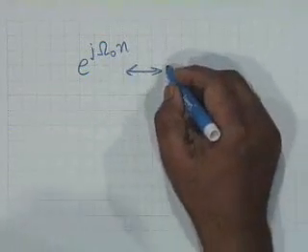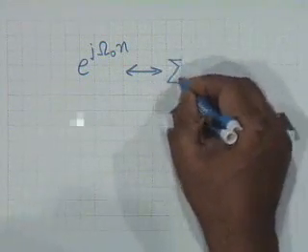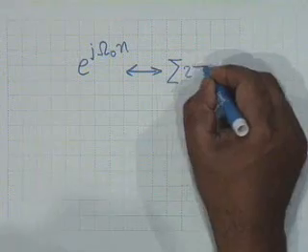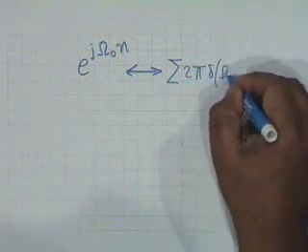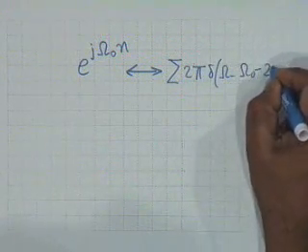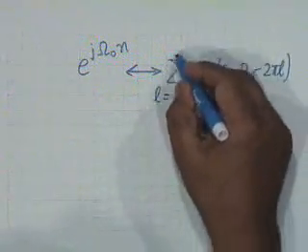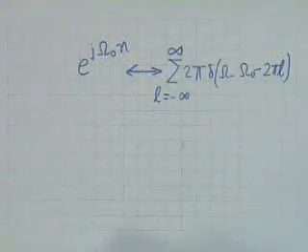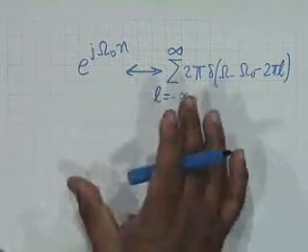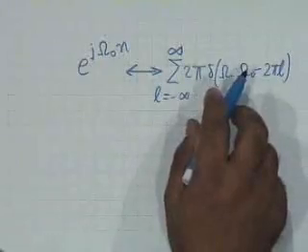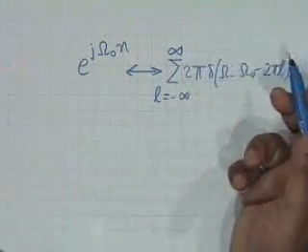Well, the Fourier transform, if I write it down, it is twice pi delta of omega minus omega 0 minus 2 pi L, where L goes from minus infinity to plus infinity. We had derived this not by the direct route, but by the reverse route.